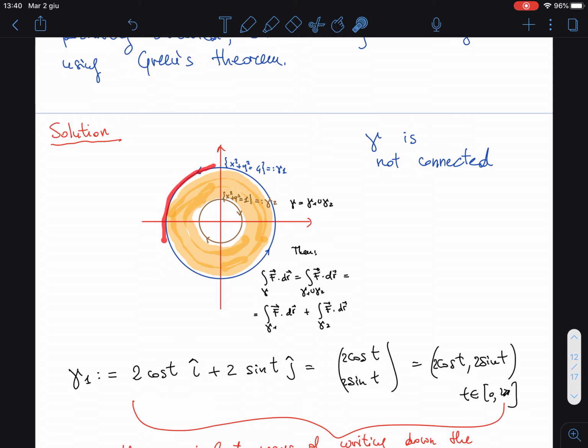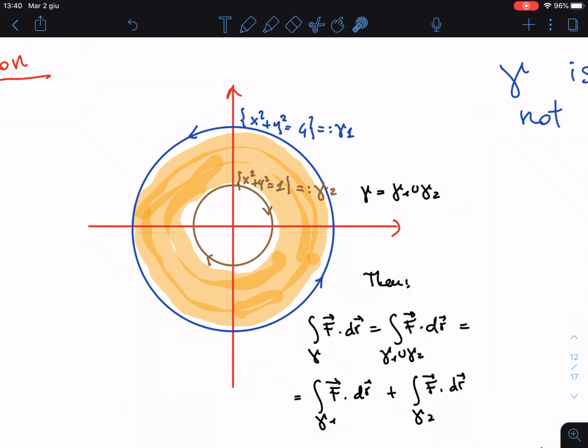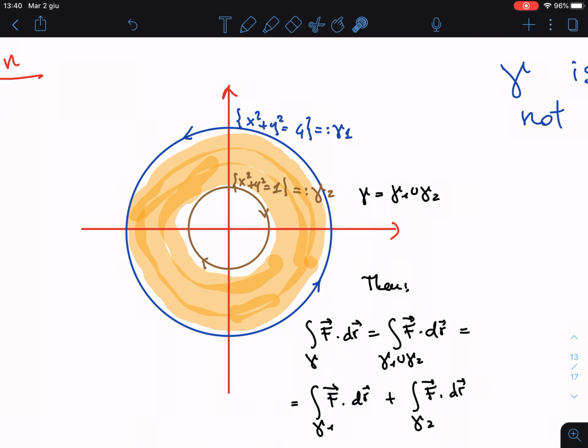So we have to orient this boundary, which means the union of gamma 1, the circle of radius 2, and gamma 2, the circle of radius 1, both centered at the origin. You have to orient both these components positively. And remember that positively means that if you are here with your bike, and you take your left arm, you have to fall inside.